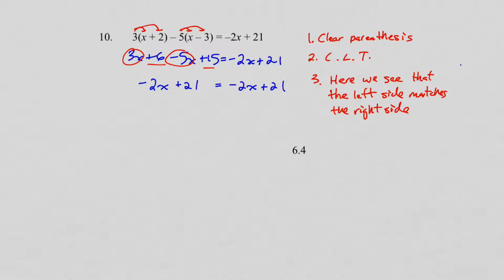Okay, hopefully you have noticed that the left side equals the right side, and somewhere along the path you noticed that. So I'm showing you here in step 3 that negative 2x plus 21 is the same on the left and on the right. So right here we can notice something called an identity.